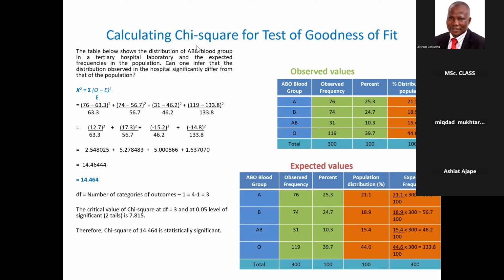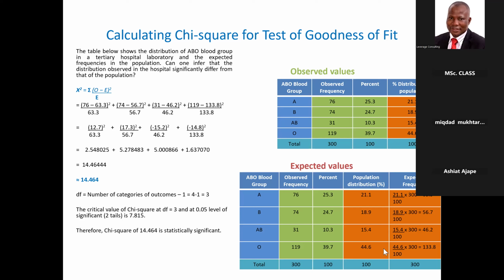Then the percentage, that is 76 out of 300, gives 25.3, 24.7, 10.3, 39.7. Then the percentage distribution in the population, the one they gave you before, is 21.1, 80.9, 50.4, 44.6. So your observed values are 76, 74, 31, 119.